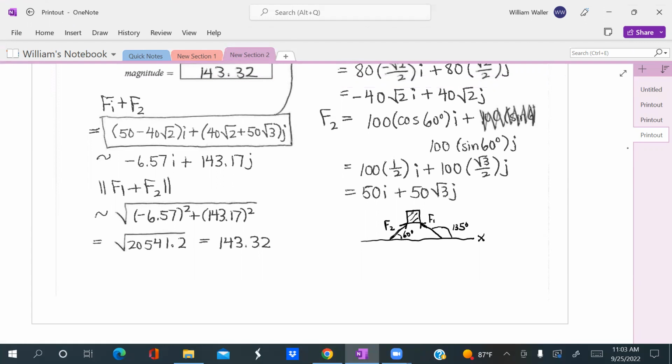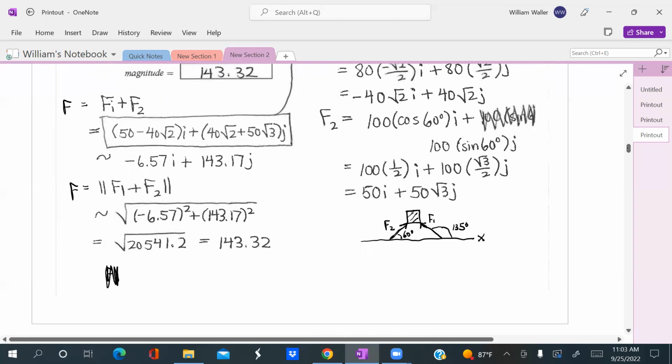That's easy to do. You just take the vector itself, F1 plus F2. Well, let's give this a name so we don't constantly have to write F1 plus F2. Let's call this resultant vector F. So to normalize the vector F, you take the vector and you divide it by its magnitude.